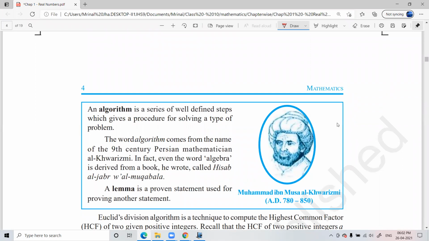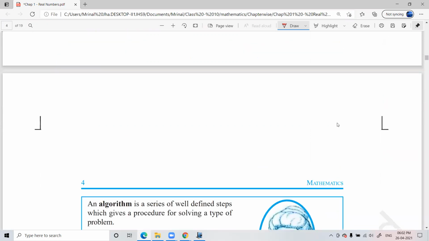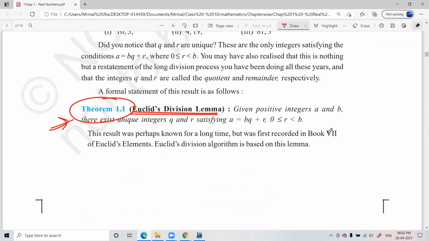This Euclid's division lemma is an idea which was already known before, a well-known idea. That's why it's called a lemma. It's a proven statement which people already knew, but it was written in his book. The first written record of this thing has been found in Euclid's book. That's why it's known by his name, Euclid's division lemma.